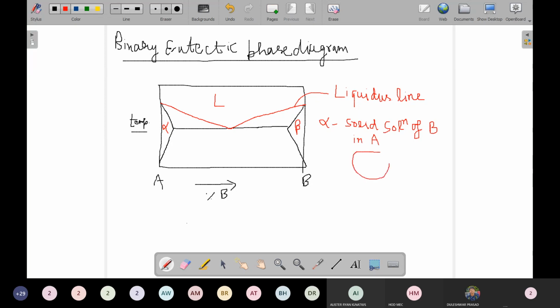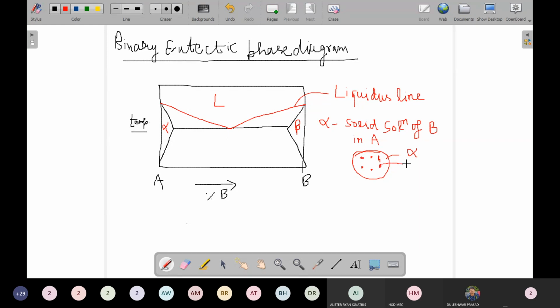If this is your alpha phase, then suppose this is B and the rest will be A. So this is the alpha. What does it mean? This is the solid solution of B, meaning this small line, that is spotted here.